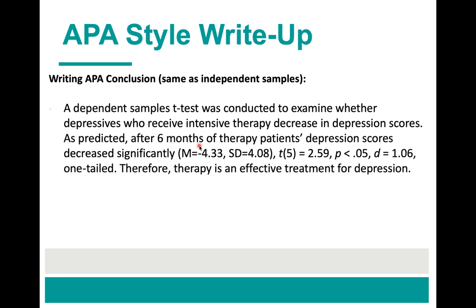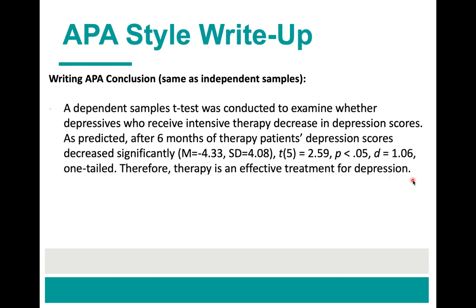As predicted, after 2 weeks of therapy, patients' depression scores decreased significantly. Mean equals negative 4.33. Standard deviation equals 4.08. T, 5 degrees of freedom, equals negative 2.59. P is less than 0.05. D equals 1.06, one-tailed.